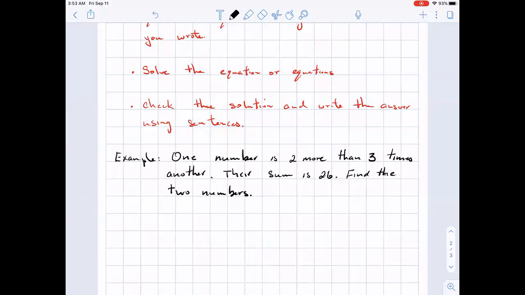One number is 2 more than 3 times another. Their sum is 26. Find the 2 numbers. Now you can take a brief moment and read this as many times as you want.